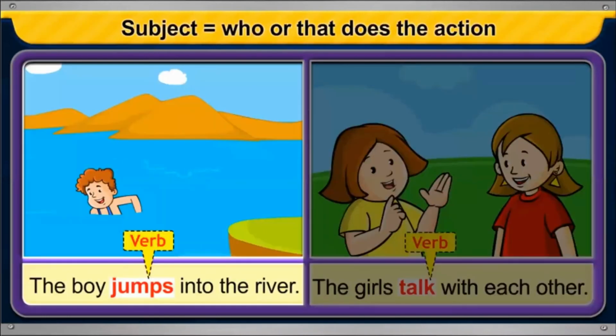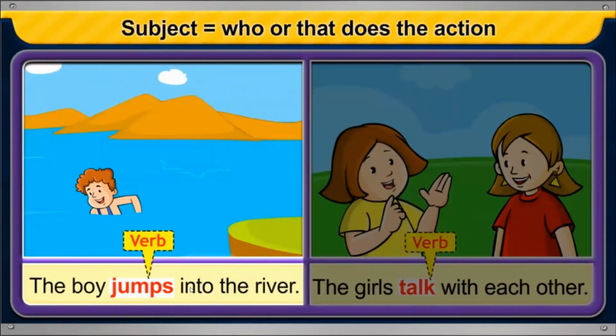Now, from the lesson on sentences, let us recall that who or what does the action is known as the subject. Okay, in this sentence, the boy jumps into the river.